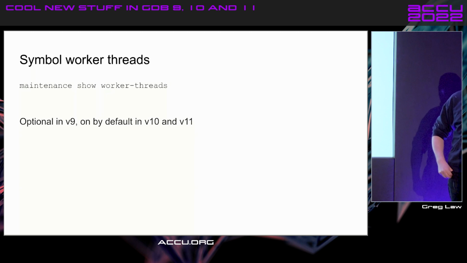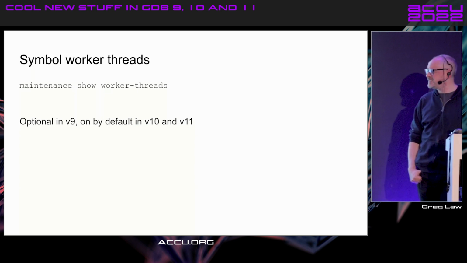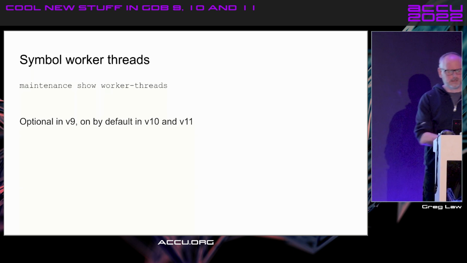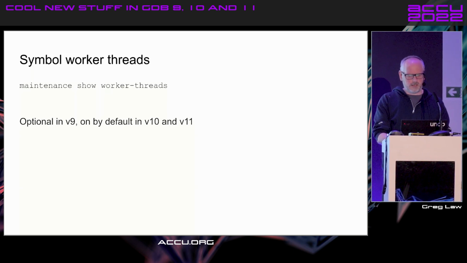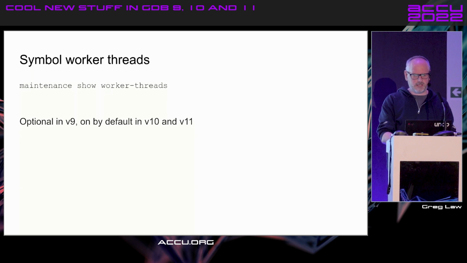I think this is a bit of a work in progress, to be honest, because I can't find any real difference. When I've run it, it still seems to be running single-threaded. Hopefully that's something that's going to get better over time. I think it might be good for certain C++ demangling or something, but not a lot of it is multi-threaded, to be honest.